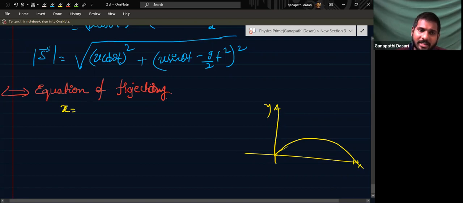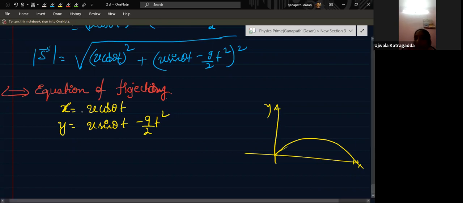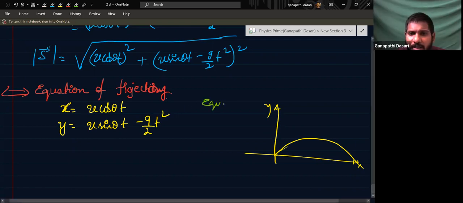The equation of trajectory: x is equal to u cos theta into t, y is equal to u sin theta into t minus g by 2 t square, we have known. Now, to find out the equation of trajectory, what should I do? They are common in time, isn't it?